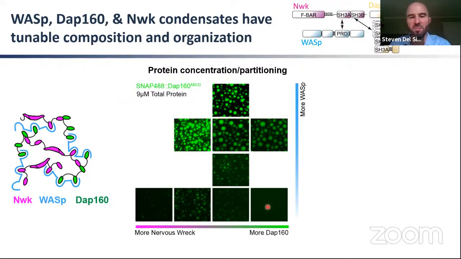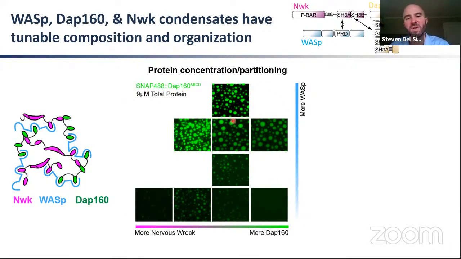Each one of these panels is a different condition where the total protein concentration is 9 micromolar, but either with relatively more Nervous Wreck down here, lower left, relatively more DAP160 on the right, or relatively more WASp as we go up.